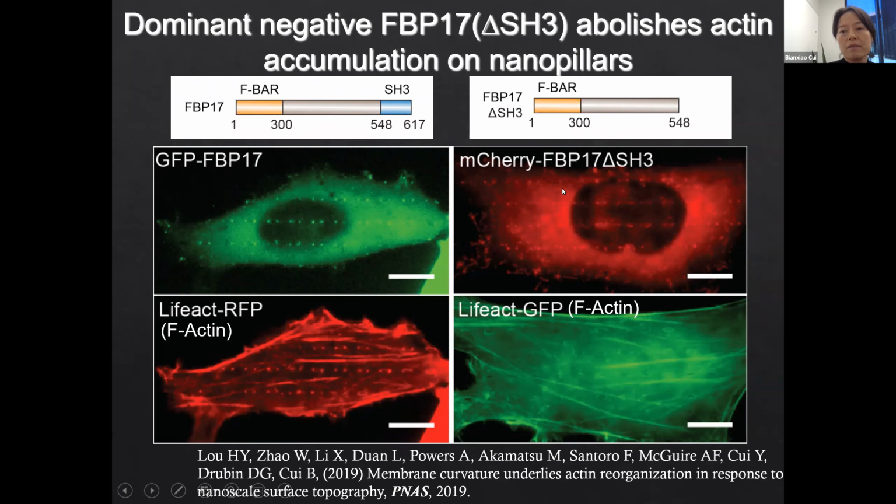The dominant active FBP17, on the other hand, also accumulates at the end of nanobars, as you can see here more clearly, but there is very little actin accumulation. This experiment really confirms that actin accumulates on high curvature locations due to the FBP17 family of curvature sensing proteins.